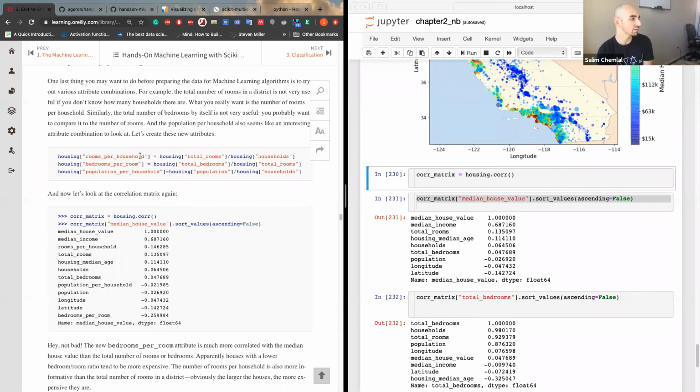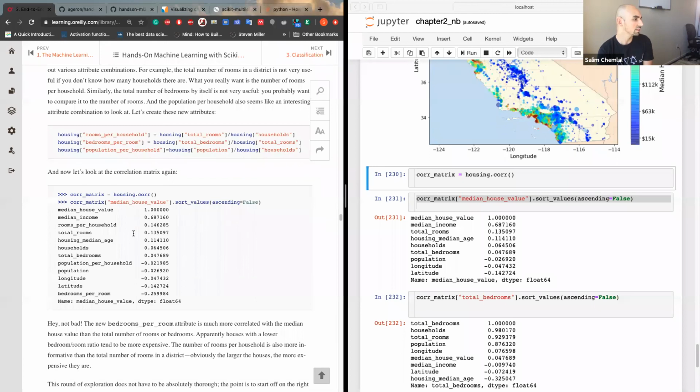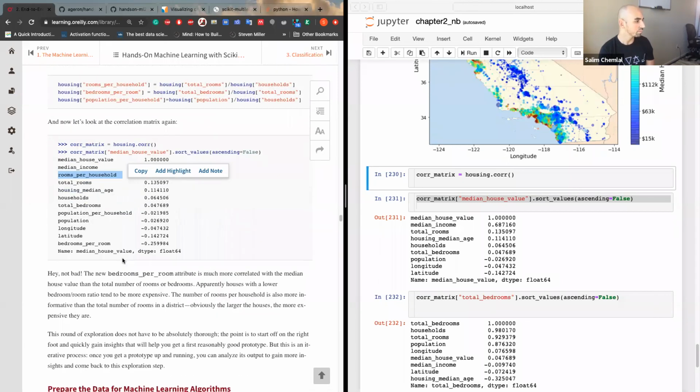And you just get other attributes, and you measure the correlation between the median house value and all the attributes, even the new ones. So does he have the rooms per household here? Yeah, he has those added and so forth.